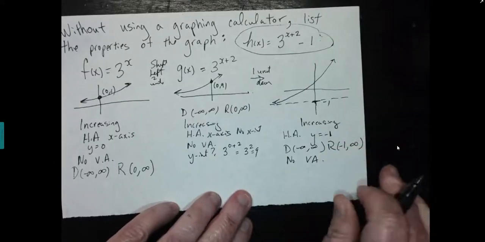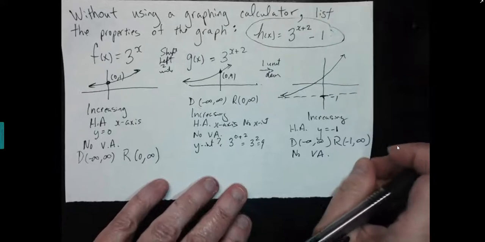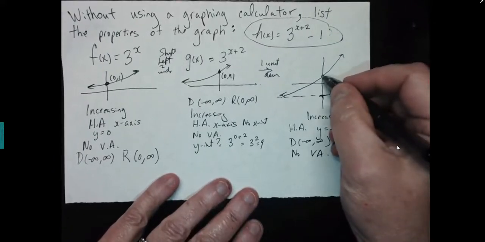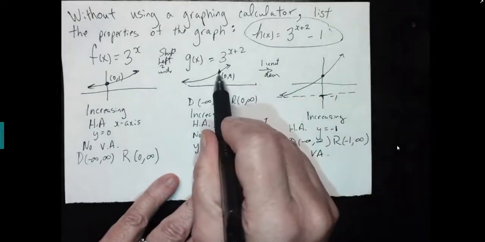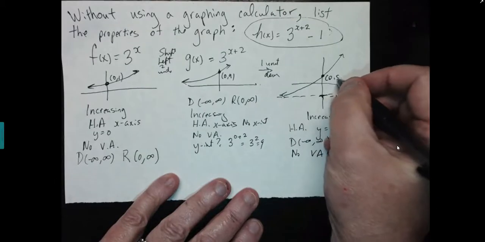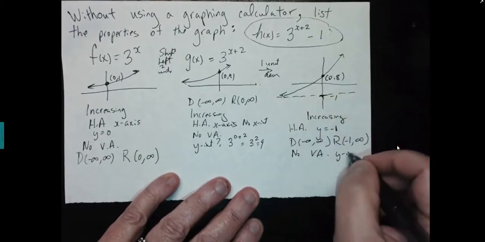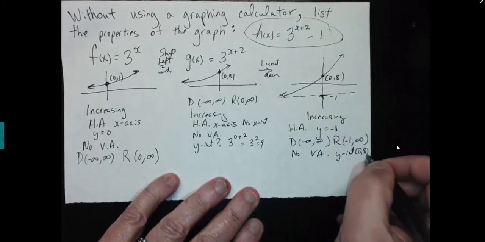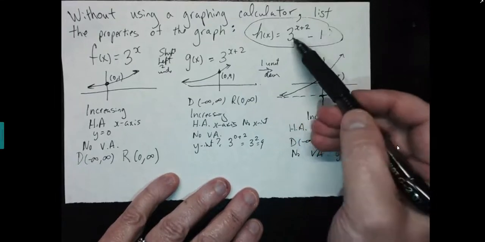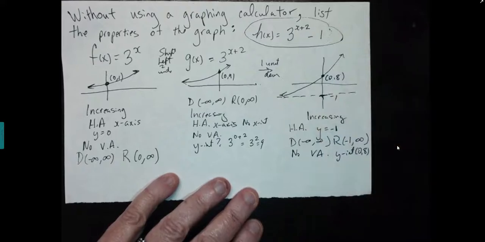But now what about the y-intercept and the x-intercept? Well, the y-intercept, here it was (0, 9), and you shift it down 1, you're going to get (0, 8). Or you could just plug x equals 0 into this equation. You'd have 3 squared minus 1, which is 8.